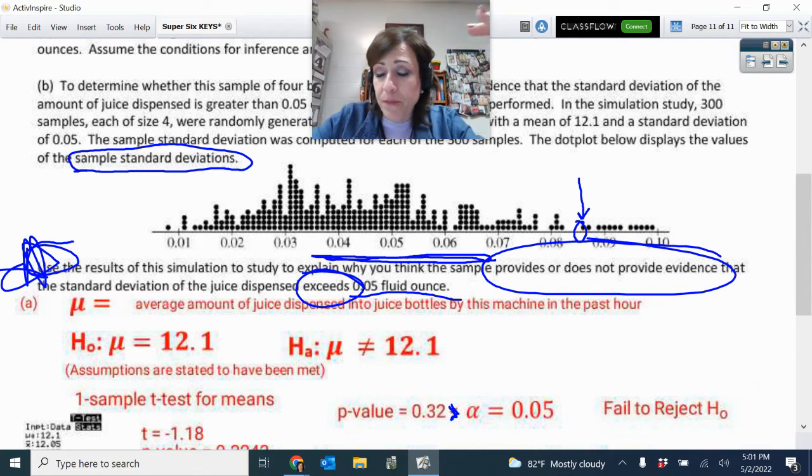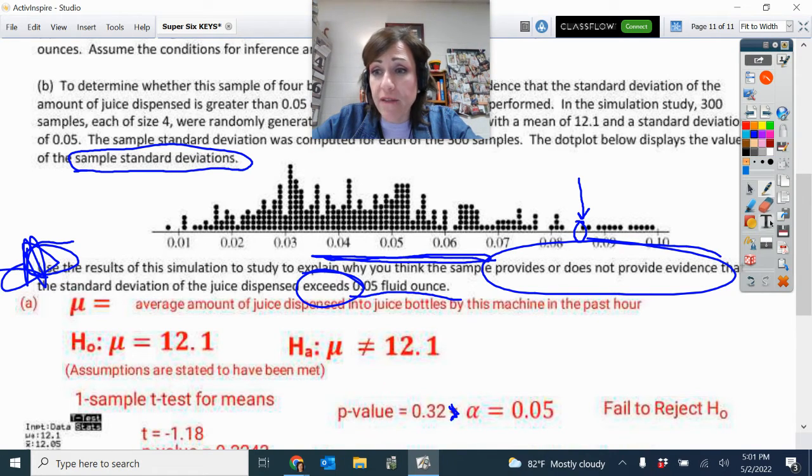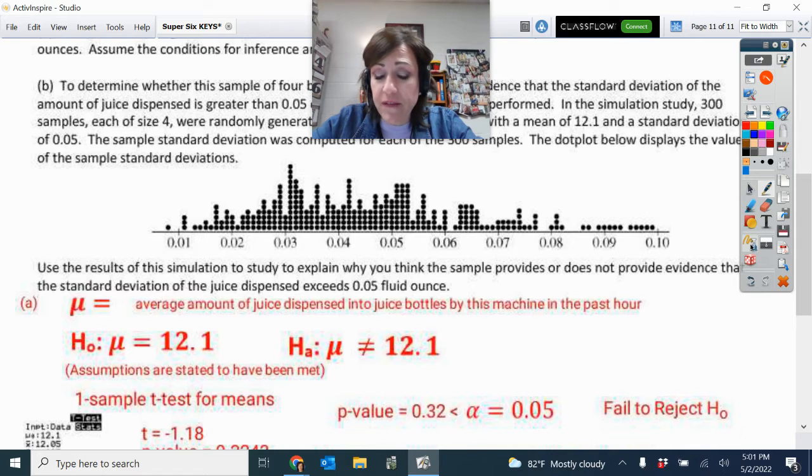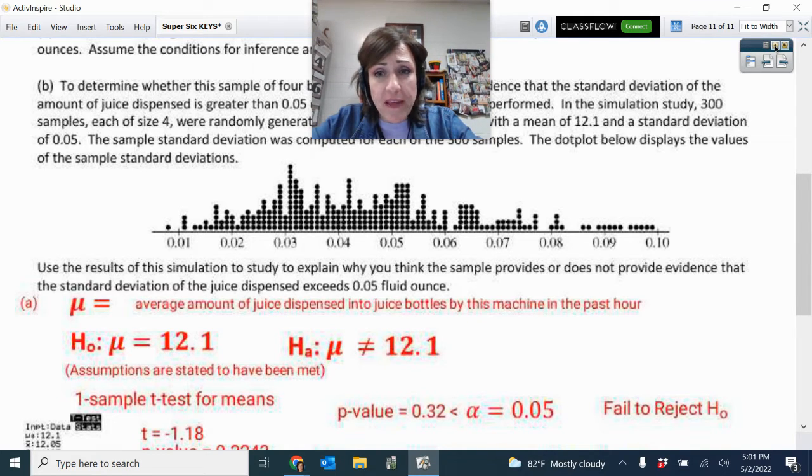So I'm thinking, this sounds like evidence of a test. And what do I have to do for evidence to say that I have evidence or I don't have evidence of HA? I need a p-value. So what happens is we get that p-value from this picture from the simulation.